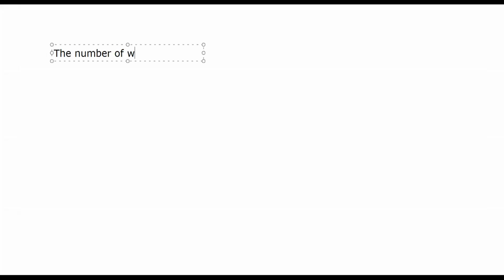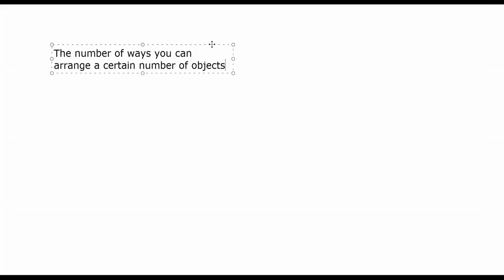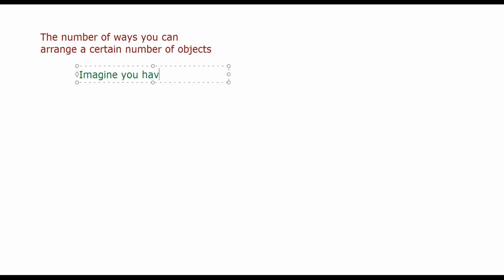The number of ways you can arrange a certain number of objects. So this is still in section 5.5. Imagine you have 3 books you want to arrange on a shelf.